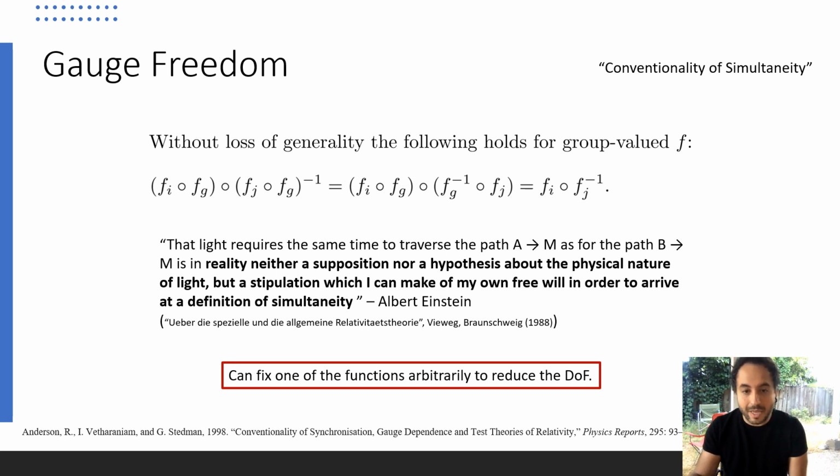So I can fix any of those functions. For instance, I can fix Fi to be an identity and get rid of this gauge freedom. There are better algorithms to get rid of gauge freedom, and this is completely problem specific, I would say. This is also very well grounded in the theory of relativity, which is justified by these words of Einstein.